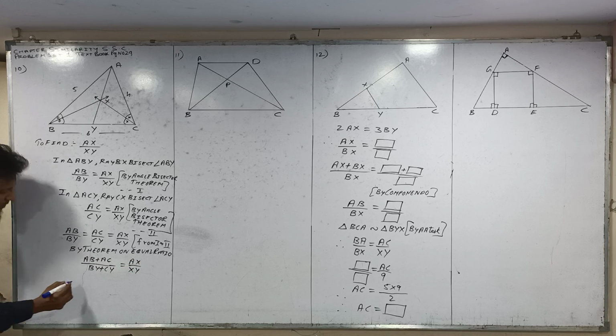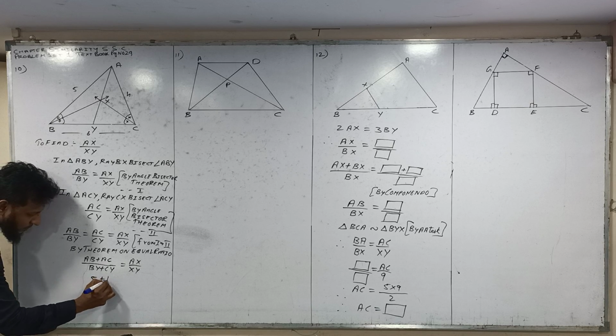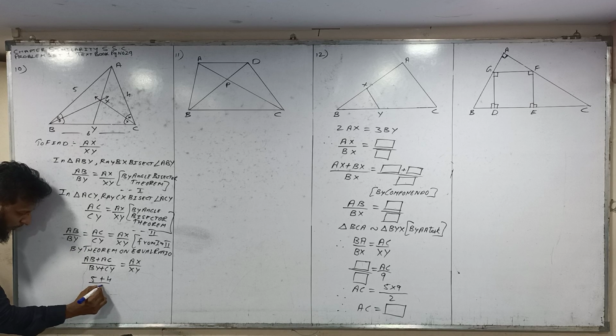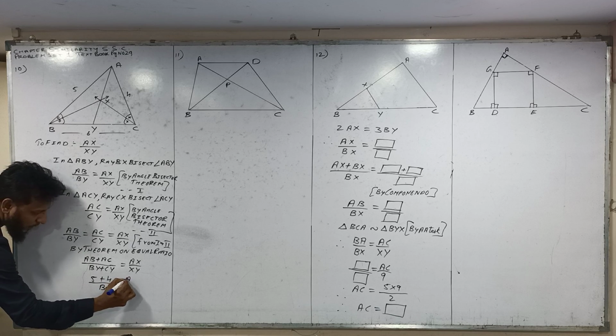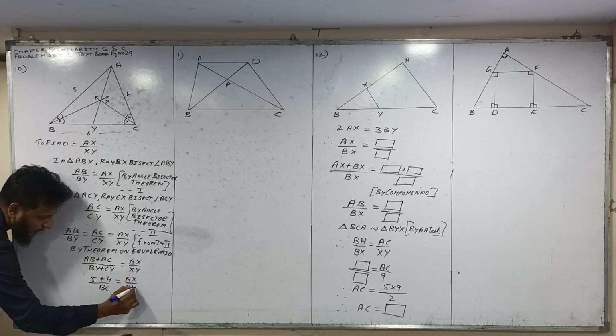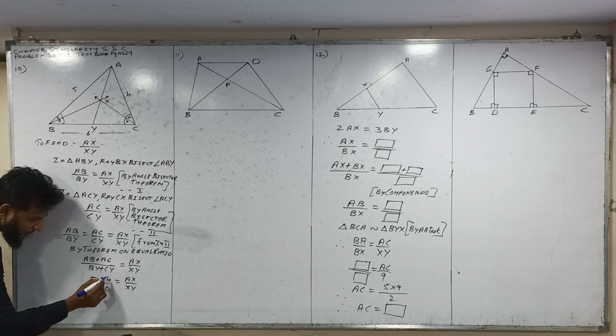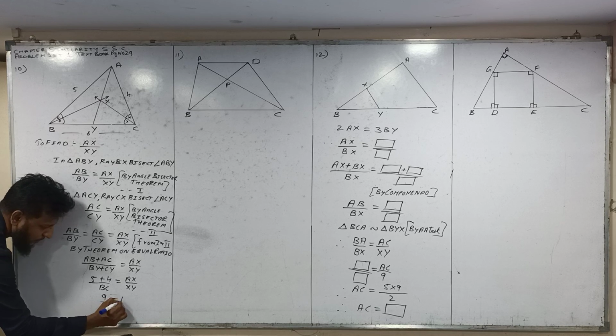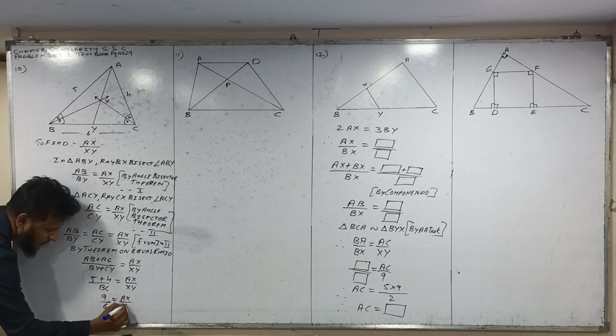Now the value of AB is 5, AC is 4, and BY plus YC is equal to BC, which is 6. So 5 plus 4 is 9, and BC is 6.